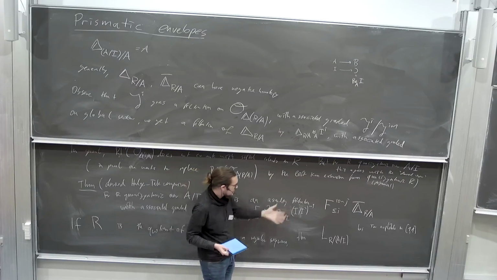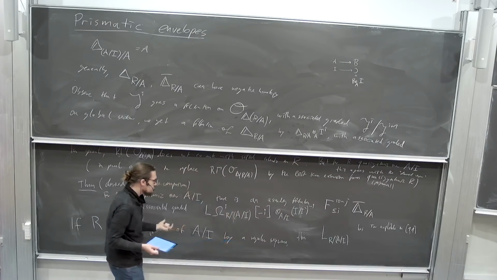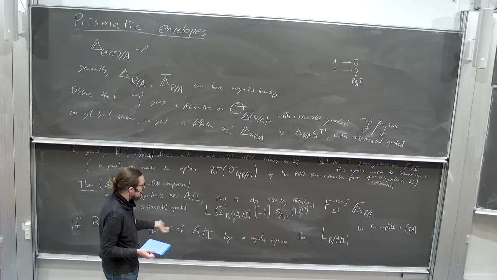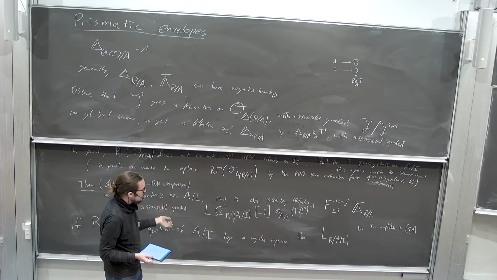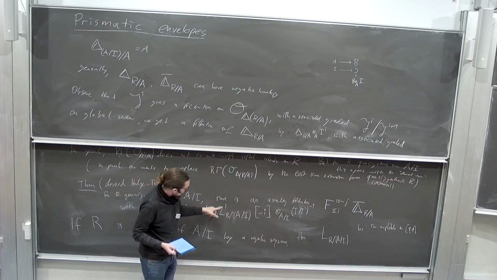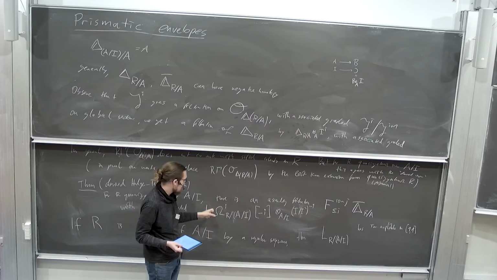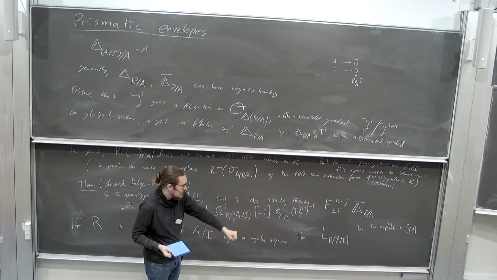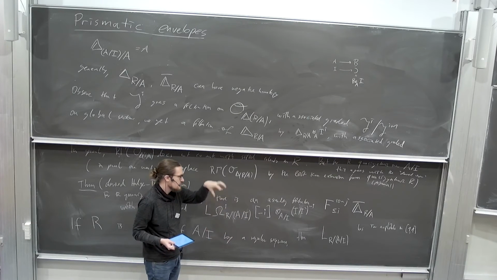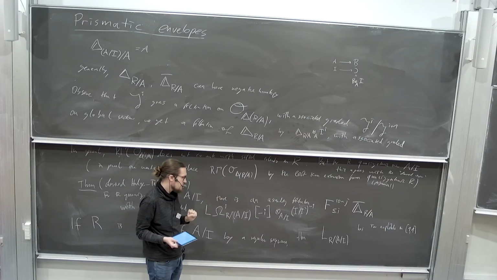And then we're twisting it by something, but it's still in degree 0. What happens for L omega i in general? Well, similarly to how omega i arises from omega 1 by applying exterior powers, you can describe this derived omega i in terms of this cotangent complex by applying derived exterior powers.